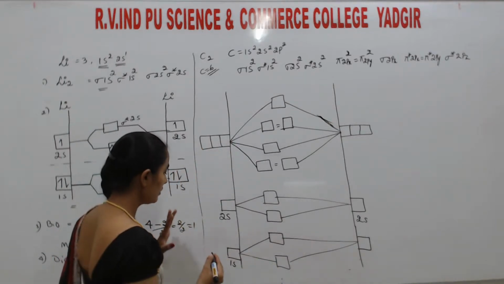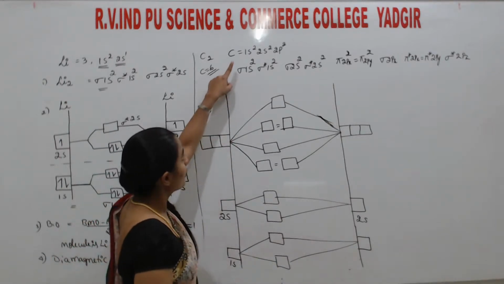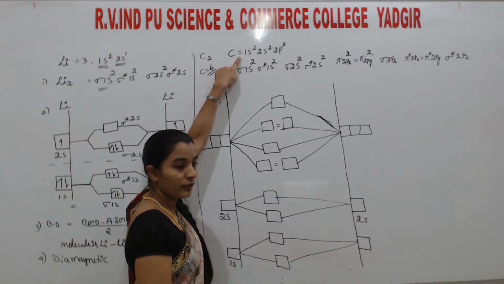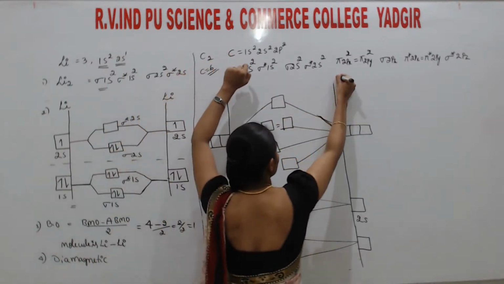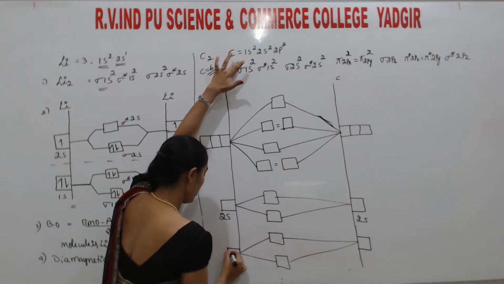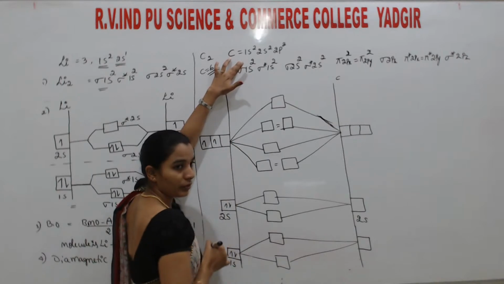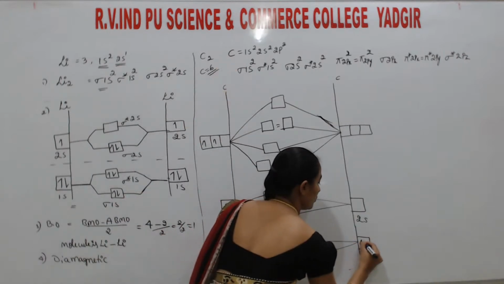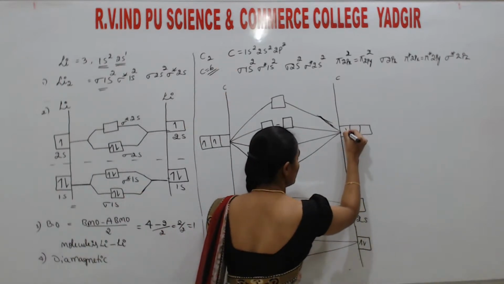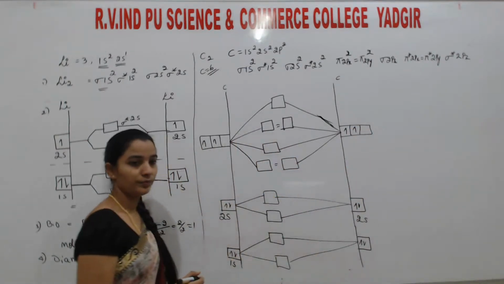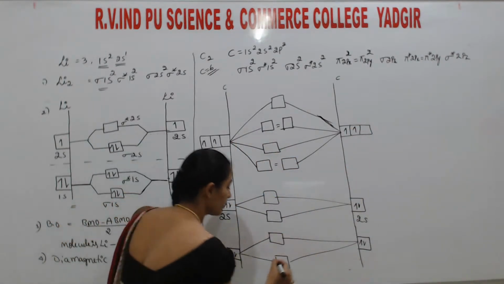Okay. So listen, in the 1s orbital, how many electrons are there? This is one carbon, this is one carbon. For the 1s orbital, 1s2, 2s2, 2p2. Correct? Here also 1s2, 2s2, 2p2. Now, of course, here 4 electrons are there.